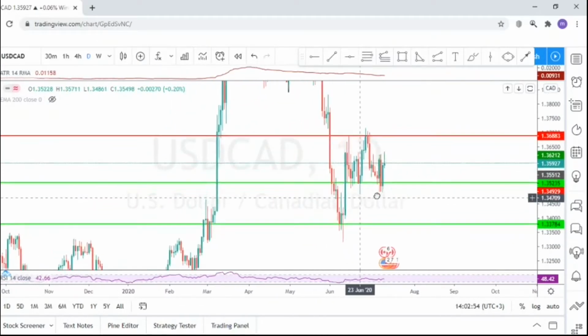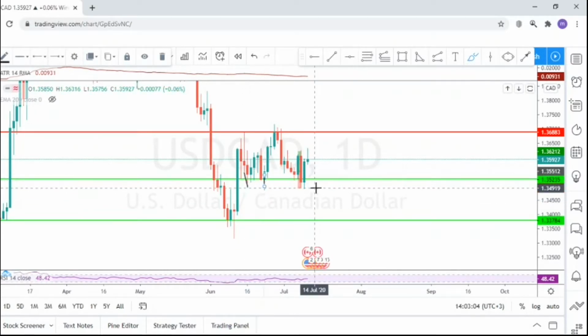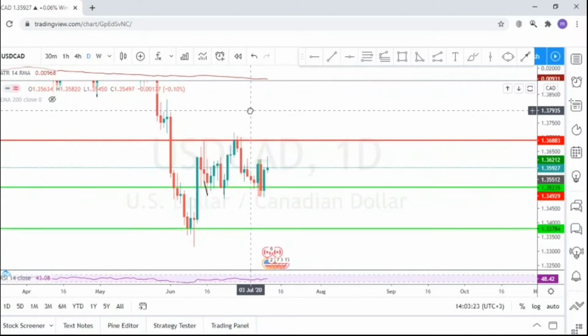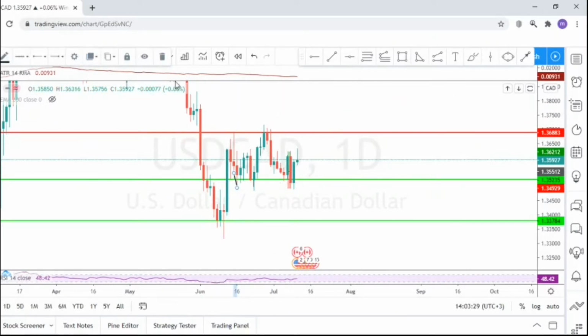Another key level of structure here is this support level, which is being tested at least twice, being tested here and being tested here. And the next key level of structure was at the resistance level here at the swing high.